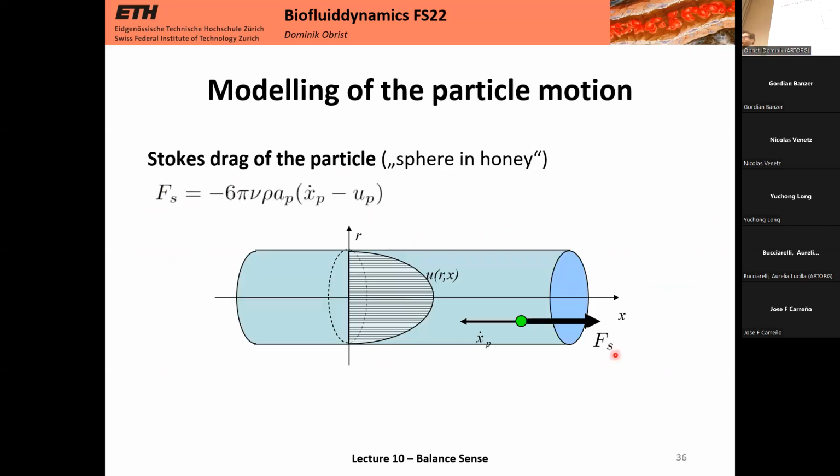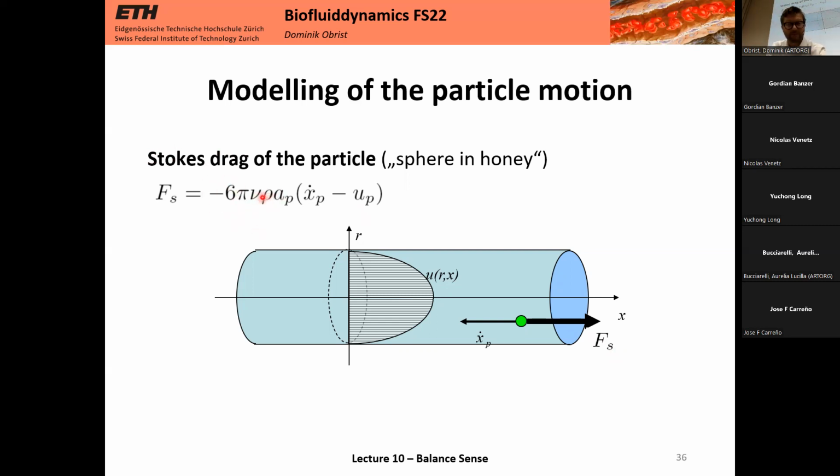Then we have to add some friction, some drag of these particles, right? They have a certain size. We're in a Stokes regime, and for particles in Stokes flow, in a low Reynolds number flow, we have a formula. This is called the Stokes formula.